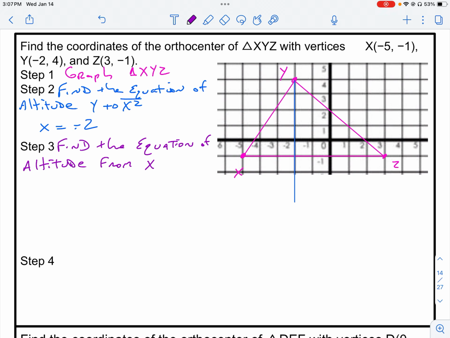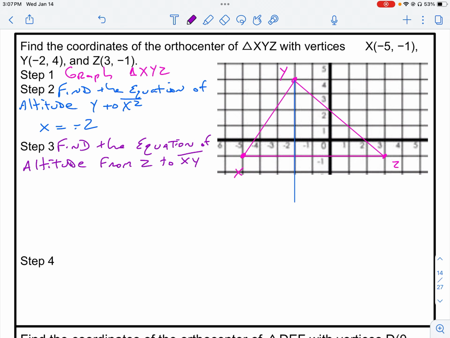That's going to be easier, so I'm going to pick that one. But because I know that's easier, and you guys aren't going to believe me unless I show you, we're going to go from Z to XY. We're going to pick the one that's a little more involved. And by little, I mean very little.